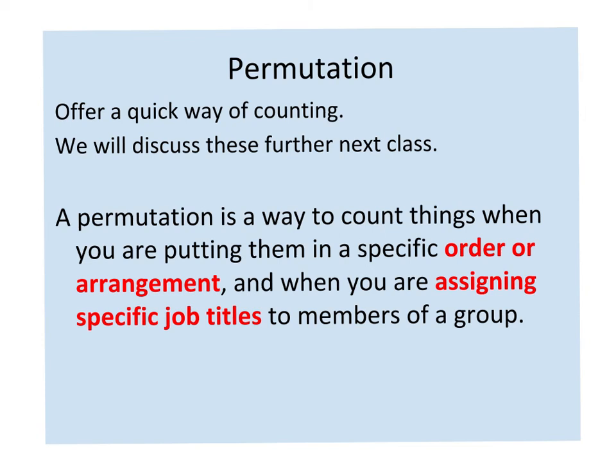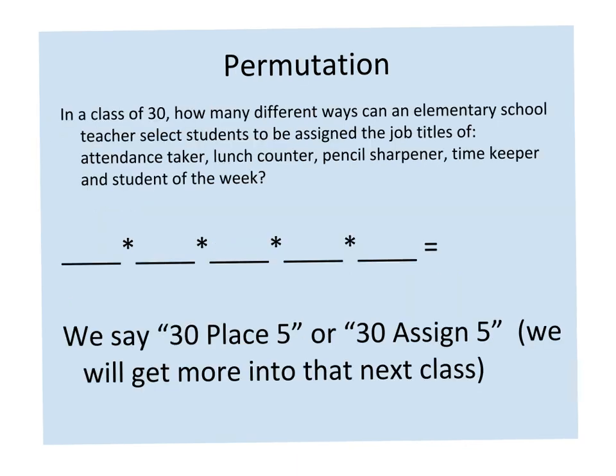So it's just a quick way of doing an ordered arrangement of some members of a group. A permutation is a way of counting things when you're putting them in a specific order or arrangement, and when you are assigning specific job titles to members of a group. And in the next video, we're going to talk about how that works and how you do that with your calculator.